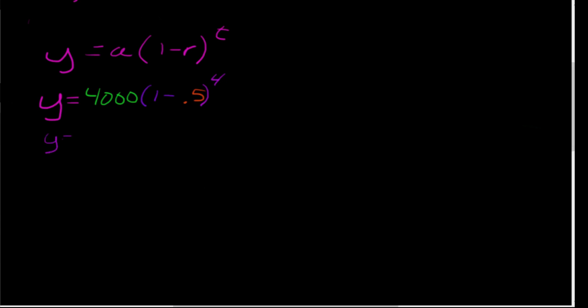Now we just math things out. 1 minus 0.5 is 0.5. 0.5 is the same as 1/2, and 1/2 to the fourth is 1/2 times 1/2 times 1/2 times 1/2, which is equal to 1 over 2 times 2 is 4, times 2 more is 8, times 2 more is 16.